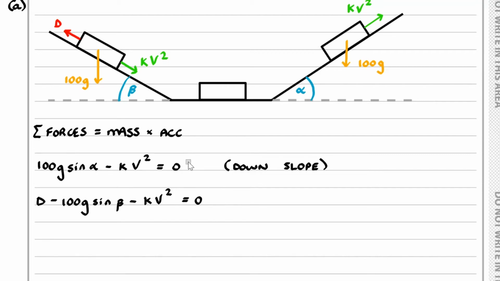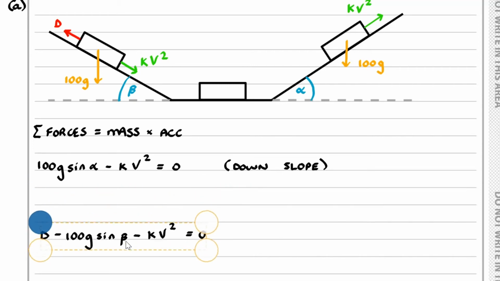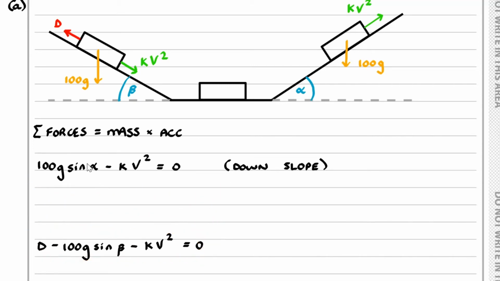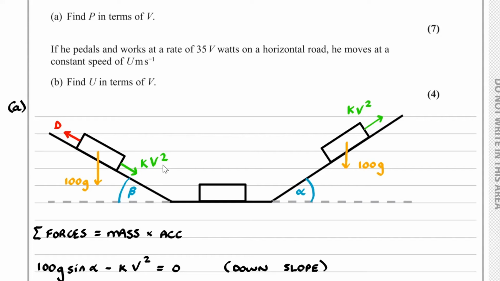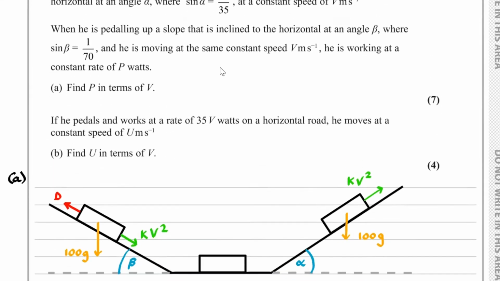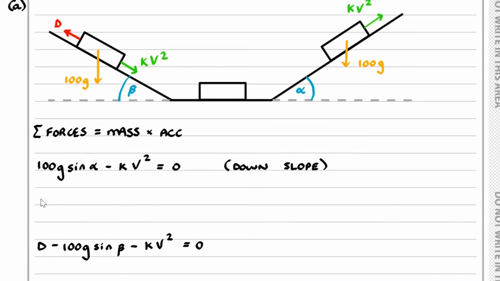Now before we do anything else, it may be a good idea to substitute in the values of sine alpha. Sine alpha is 1 over 35, so the situation for when we go down the slope is 100g over 35 minus kV squared equaling 0. We'll call this equation 1.